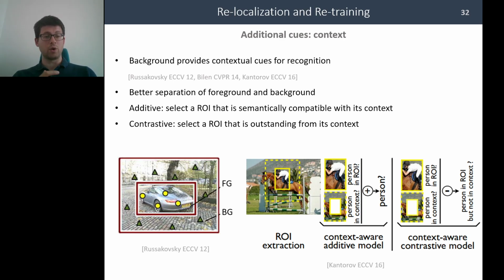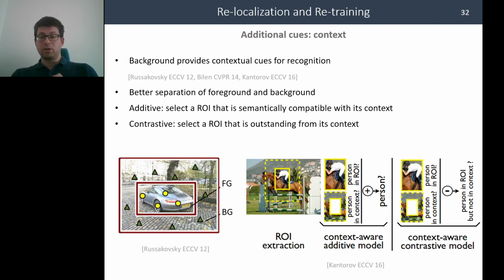Russakovsky in ECCV 2012, for example, models the foreground and background with two different boxes and shows that this works better than just using a single box to separate the object from the background.